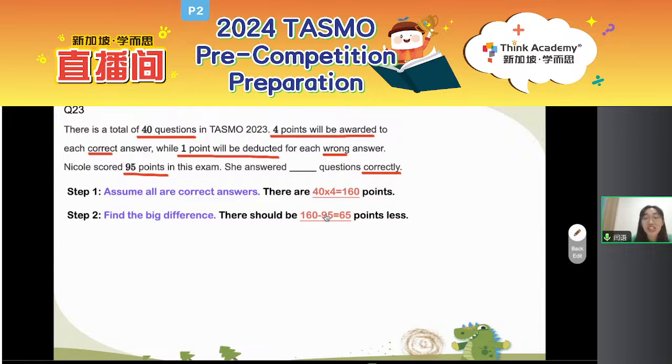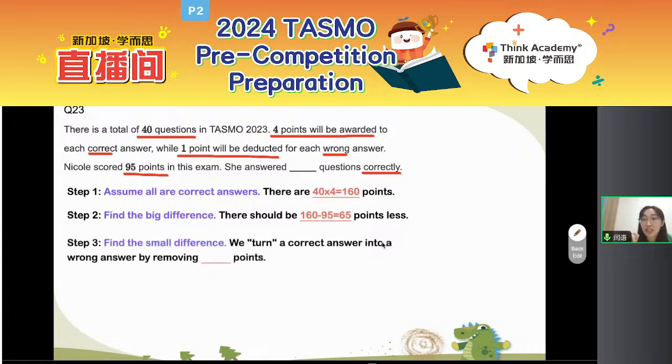So you see that actually according to our assumption, we need to deduct 65 points. And how can we deduct? You see that in such question, you only can get the correct one or the wrong one. So here you just compare the small difference first. What is the small difference? Is it 5 or 3 or 4? Think about it. What is the small difference?